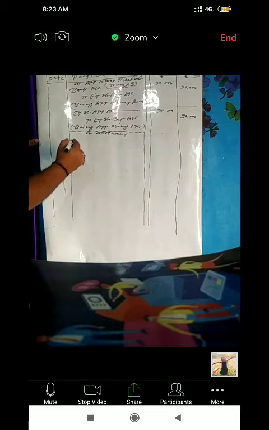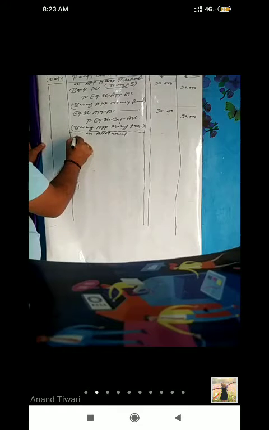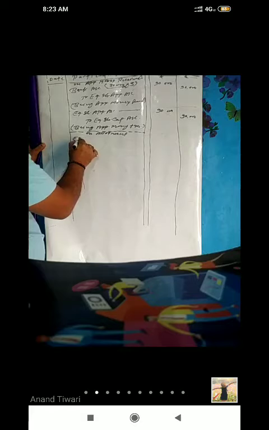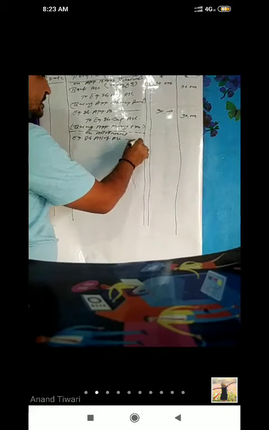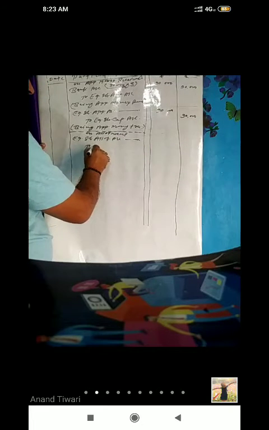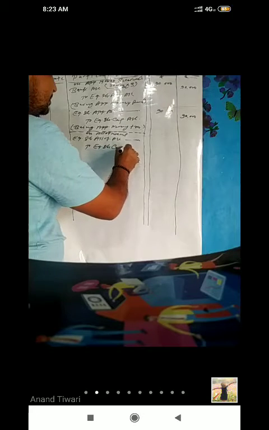On allotment, the first entry is for due. The due entry will be equity share allotment account debit to equity share capital account. Clear?